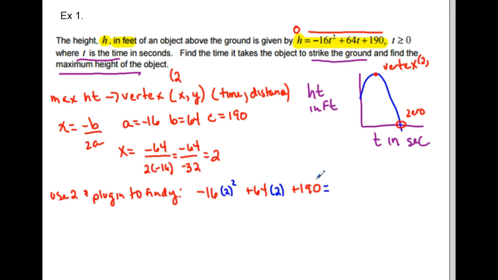So negative 16 times 2 squared should give you negative 64. 64 times 2 is 128, plus 190. So when we add all this together, we get 254. So my vertex is 2 comma 254.